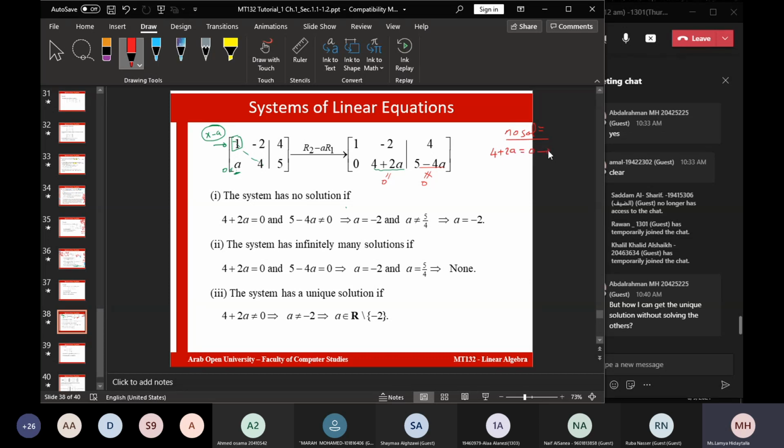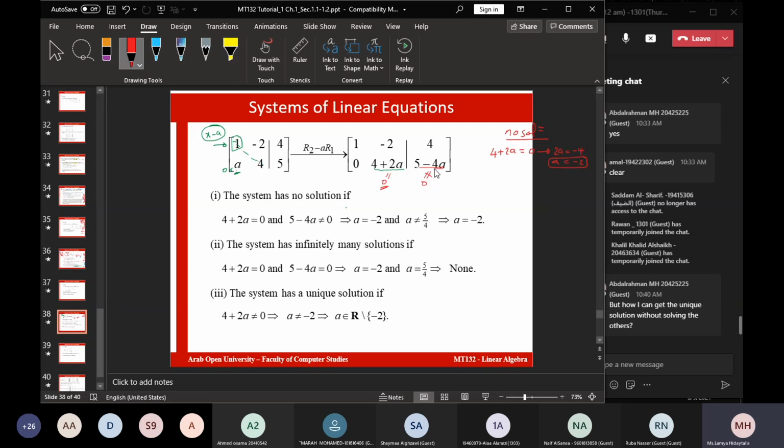So what value should A take? 2A equals minus 4, therefore A equals minus 4 over 2, which is minus 2. Okay, A is minus 2. This will make this part 0.